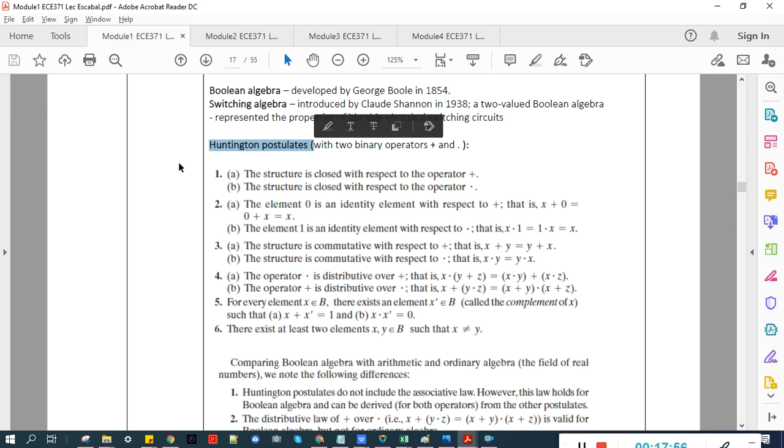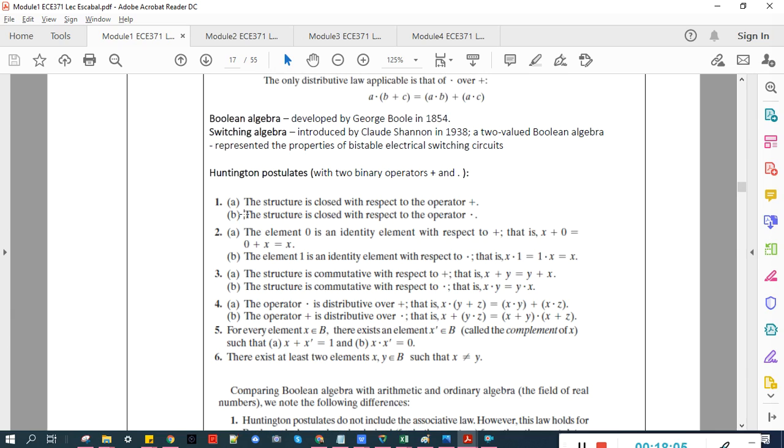Huntington postulates. This is with the binary operators OR and AND. It states that first, the structure is closed with respect to the operator AND or OR. Let's just call it plus.